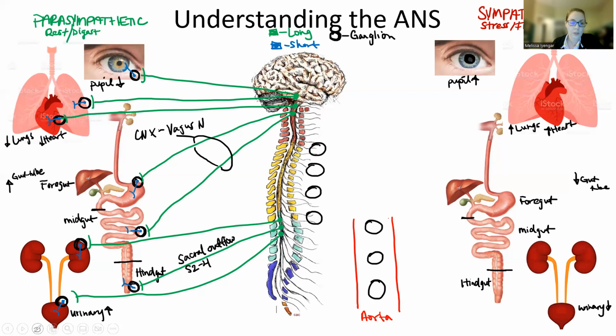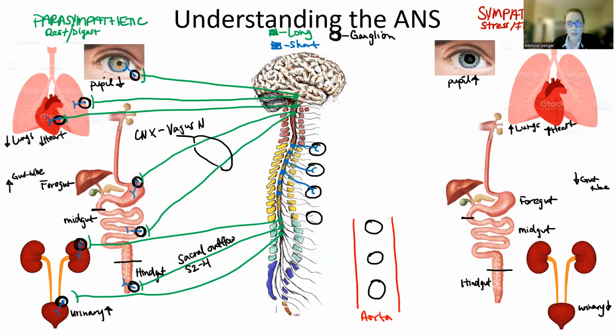So the first thing I'm going to do is figure out that since my ganglion is really close to my spinal cord, that's going to mean that in my thoracolumbar area, I'm going to have my cell bodies that are coming out of my lateral gray horn here and going to my ganglion like that.